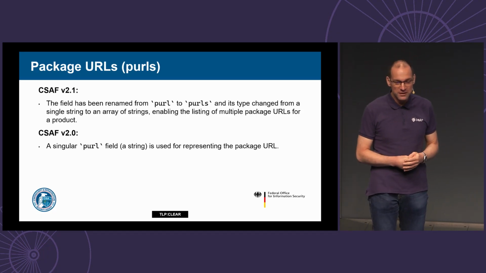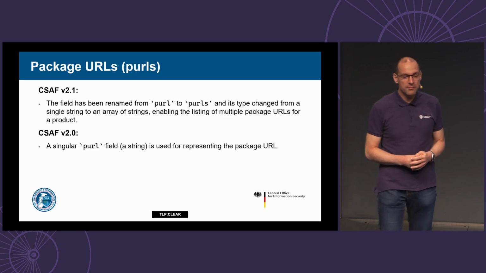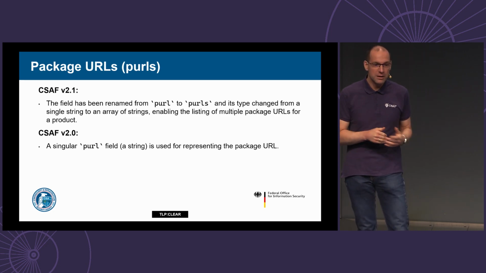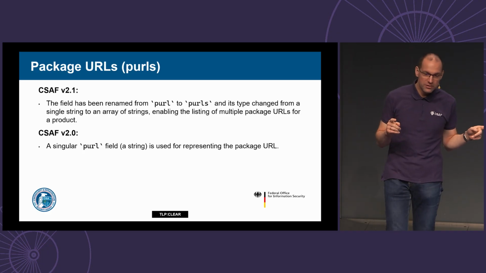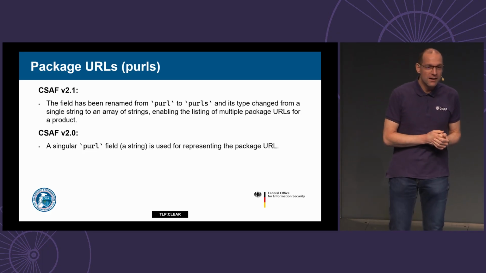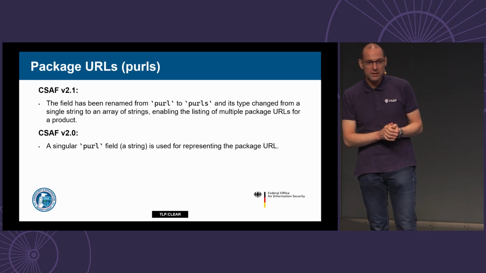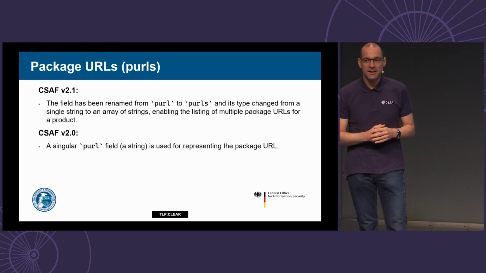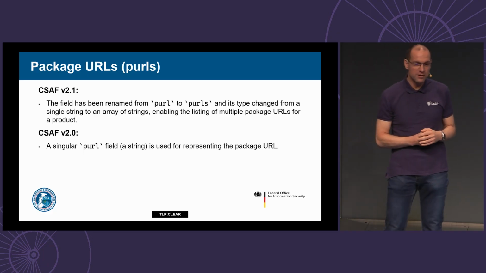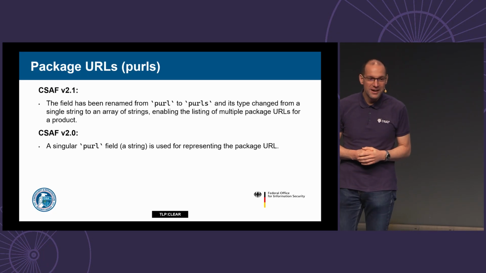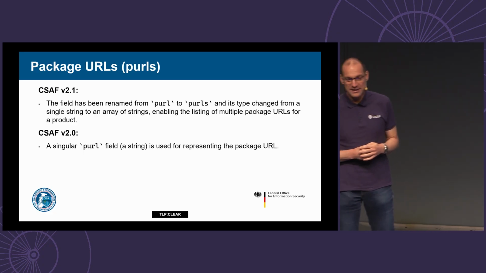There was only one field, so we changed that in CSAF 2.1 to be an array, and you can have as many PURLs as you like, but they have to reference the same product. So you can't say, this is my generic product family, and now I'm listing all of the PURLs for that product family. That's not going to work with CSAF, since we put in a mandatory test that you produce good and valid data.